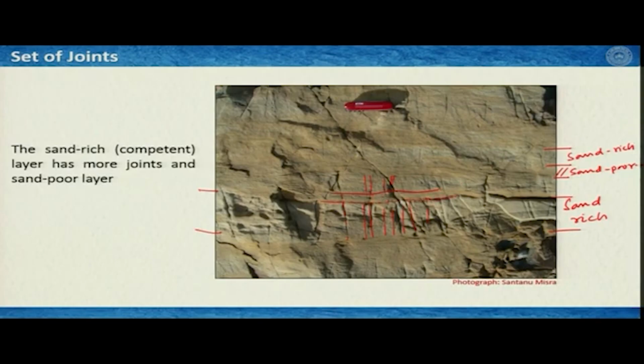So, this is almost free of joints from here to here, but the space just below and just above, because these are sand rich layers, you see the number of joints are very, very high within the same area that we are looking at. So, this tells you that the spacing of the joints is essentially controlled by the lithology of the rock.